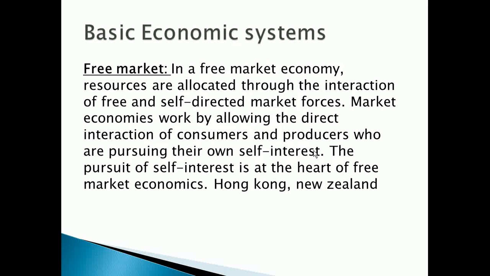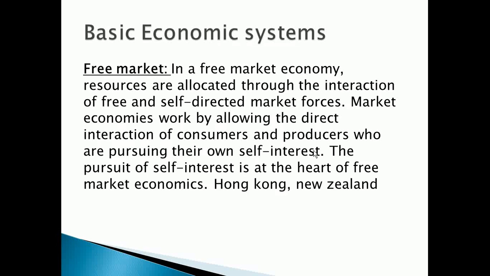Individual is driven by a desire to make profit. And there is freedom of enterprise. That means everybody is free enough to engage in whatever economic activity he or she desires. The pursuit of self-interest is at the heart of market economy.